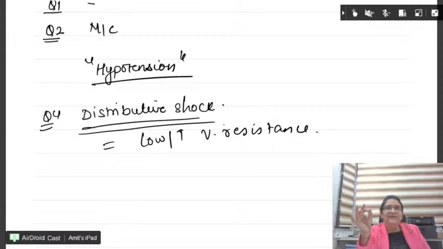Very good. Now there is a patient with warm extremities and inadequate afterload and low systemic vascular resistance. Which shock do you think it is? Which shock is it?